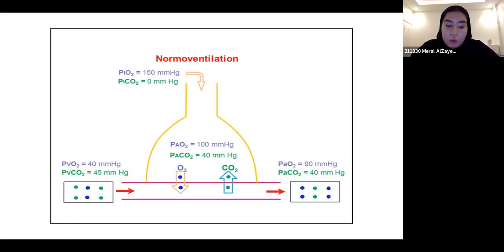So the normal partial pressure of inspired oxygen, or the PiO2, is 150.